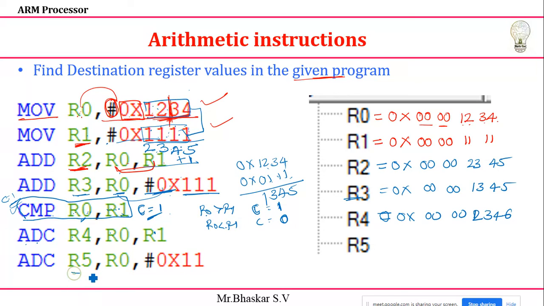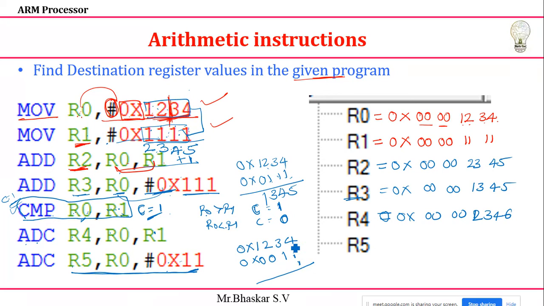Similarly, just tell me what is the value for this one, R5. R0 value 0x of 1, 2, 3, 4 added with 0x of 1, 1. If you give it in this way, it will go to the LSB byte as 1, 1. The remaining will be filled with 0, 0. So carry 1 is there. What's the result?